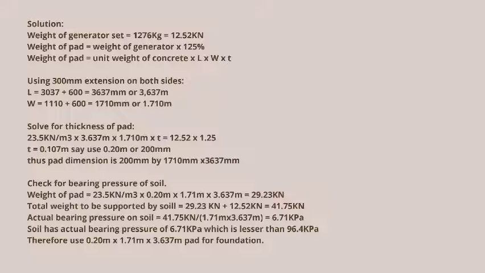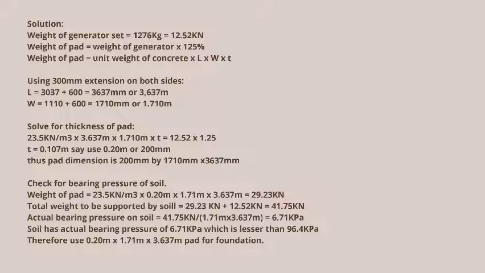Weight of pad is equal to unit weight of concrete times L times W times T. Using a 300 mm extension on both sides, length is equal to 3037 plus 600 is equal to 3637 mm. Then width is equal to 1110 plus 600 is equal to 1710 mm. Then the next thing to do is solve for the thickness of the pad.